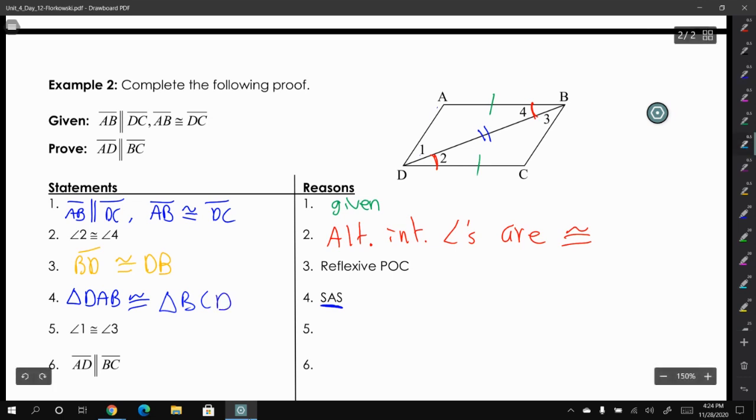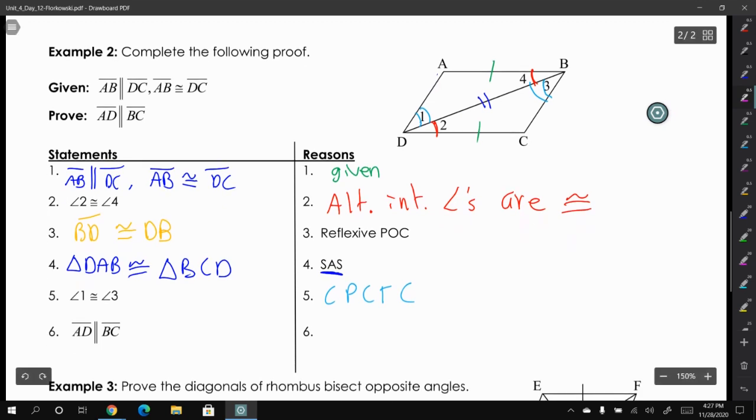Now we can say that angles 1 and 3 are congruent because those are corresponding parts of congruent triangles. CPCTC. You could also say that angle A and angle C are congruent, but that's not going to help us do anything.